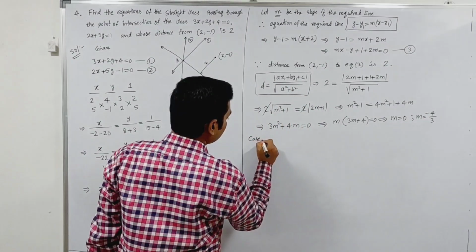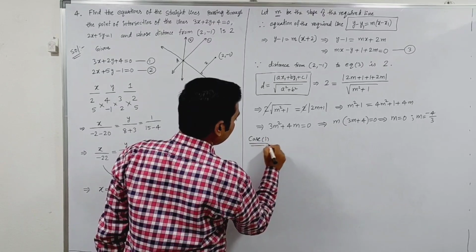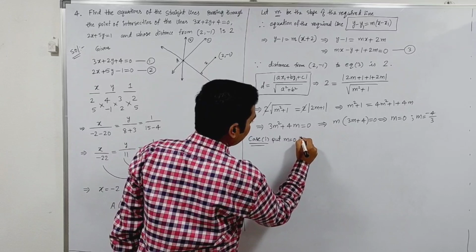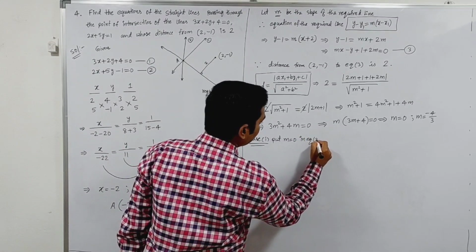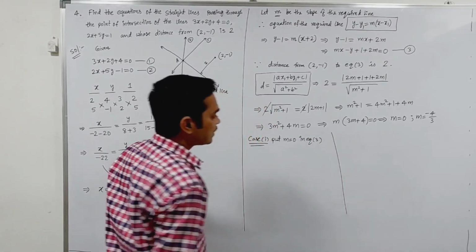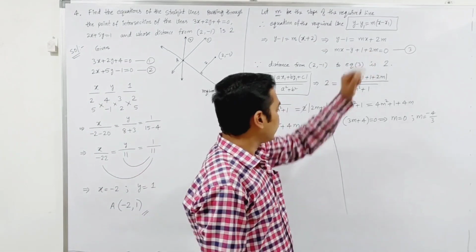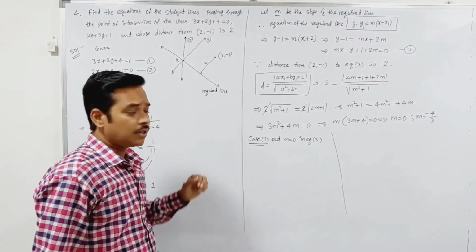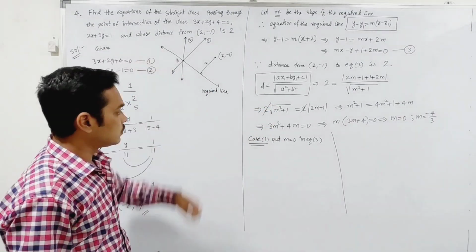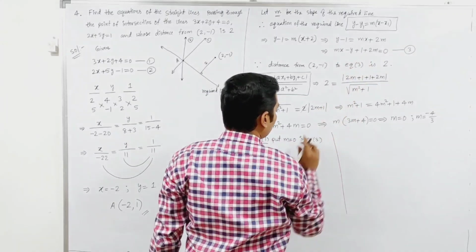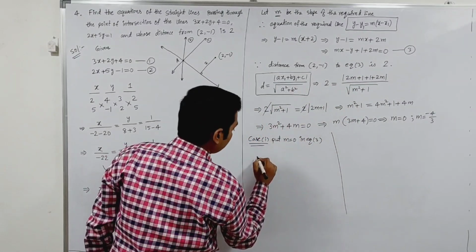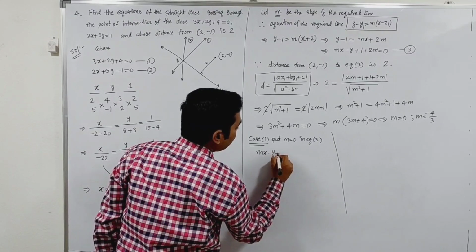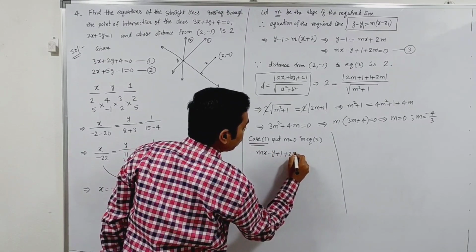Case 1. In case 1, put m is equal to 0 in equation 3. Why? Because equation 3 is the required line. So what is equation 3? mx minus y plus 1 plus 2m equal to 0.